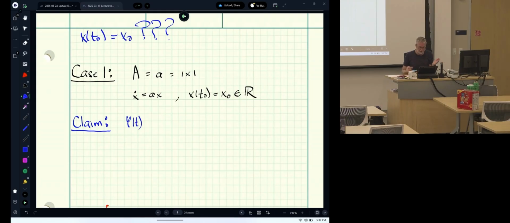Doesn't work with sine, because when we differentiate sine of 2t, the 2 comes out from the chain rule, but the sine gets turned into cosine, so it's not 2 times sine. The exponential is the magic one that does this.